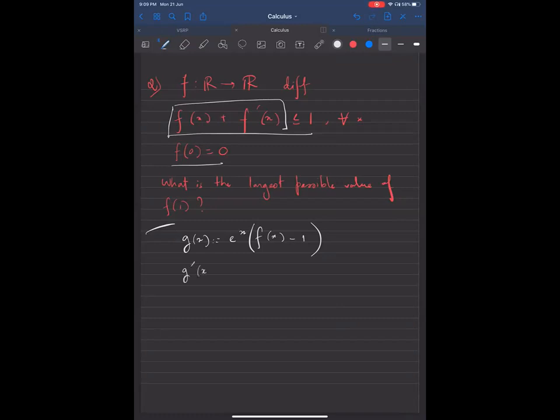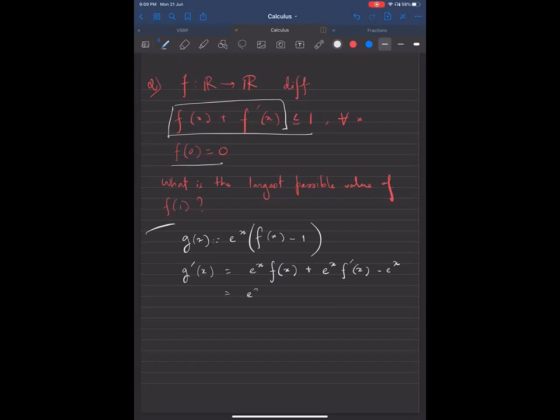Now if you differentiate g, we'll do it term by term. We get e to the power x f(x) plus e to the power x f prime(x) by the chain rule, and then minus e to the power x.